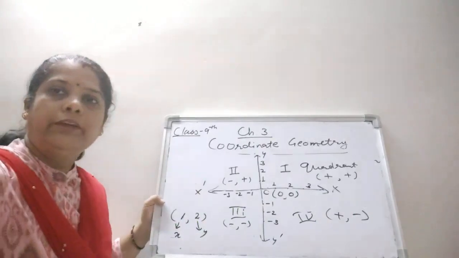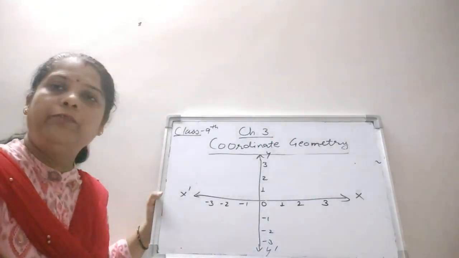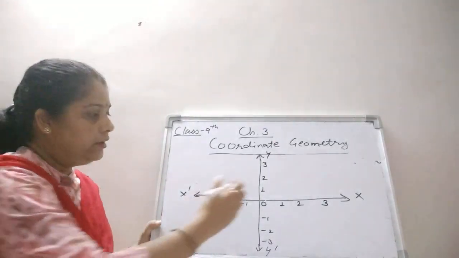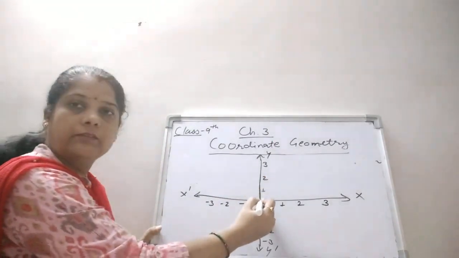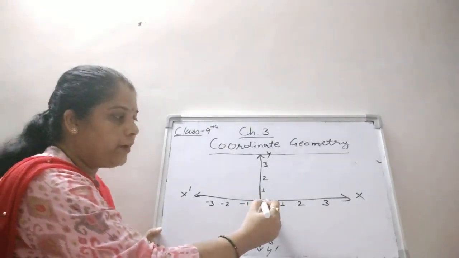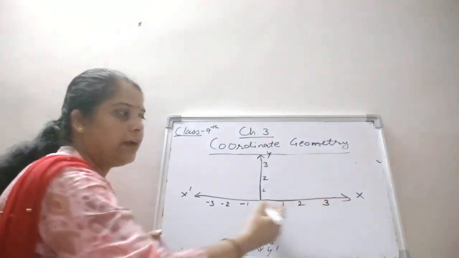Now the next point, the distance of a point from the y-axis is called the x-coordinate. Means this is our y-axis and the distance of a point from the y-axis, मतलब y-axis से हम यहाँ इधर आगे distance ये आगे बढ़े.